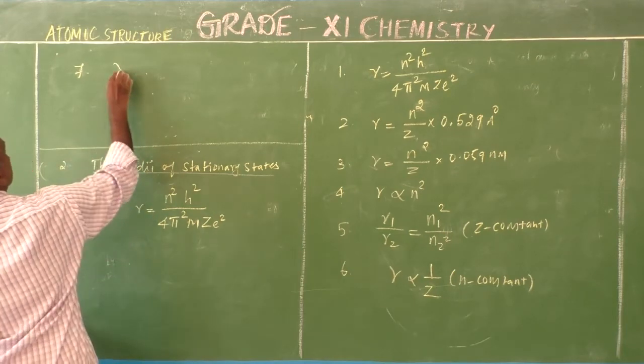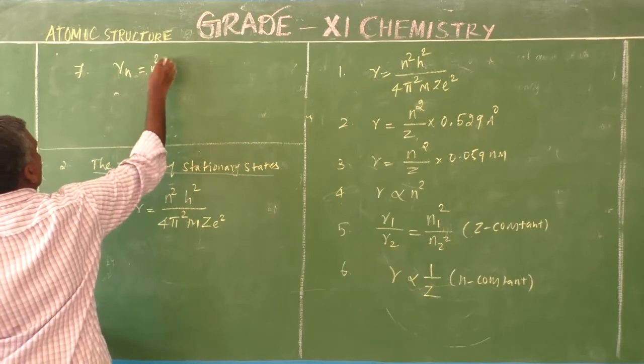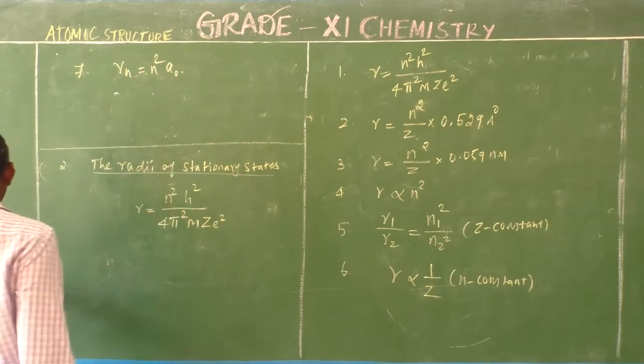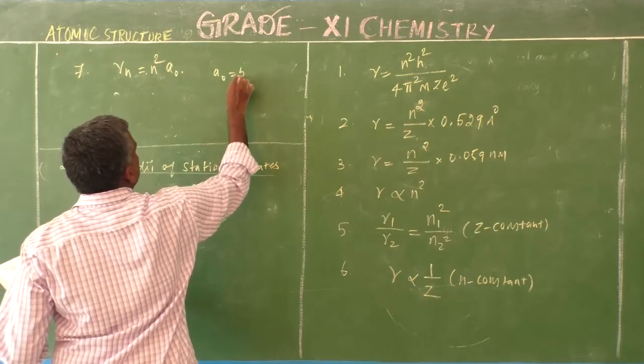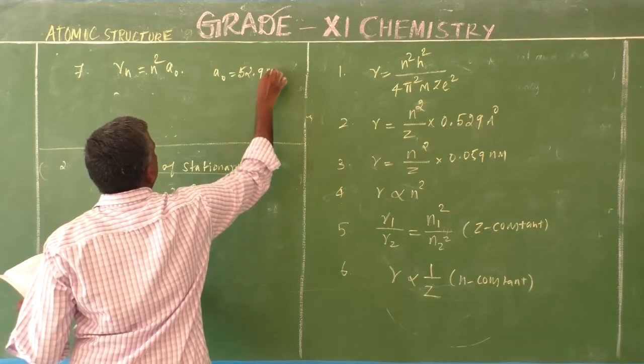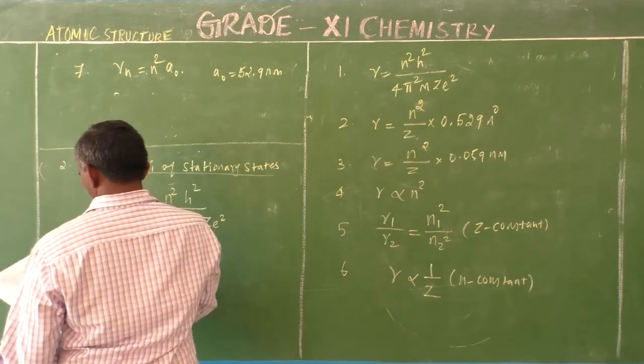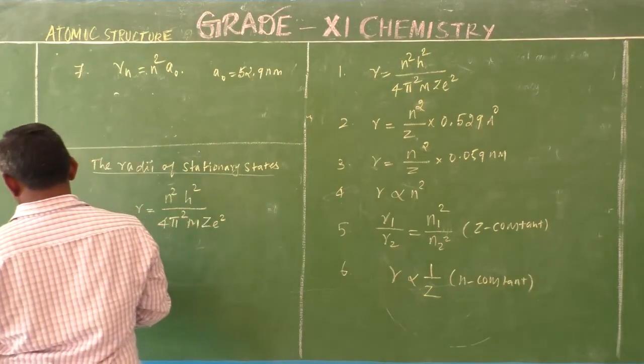Rn is equal to n squared into a0. Here a0 is the Bohr orbit radius, 52.9 picometer, I will explain.